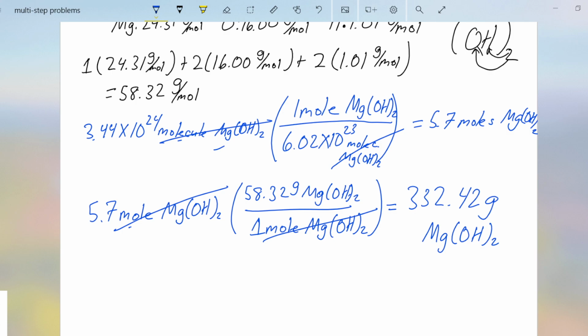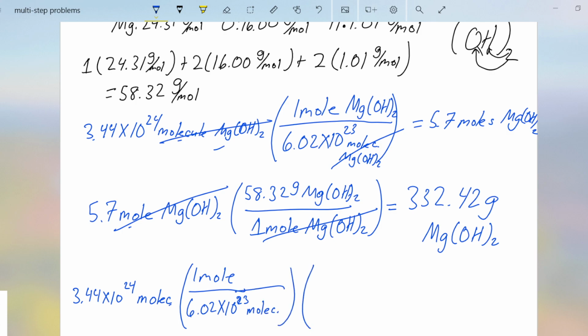Maybe a simpler way would be to just chain our multi-step processes together. So here, if I start off again with 3.44 times 10 to the 24th molecules of MgOH2, I'm going to write out everything. And I use my first conversion factor, which was 1 mole divided by 6.02 times 10 to the 23rd molecules.